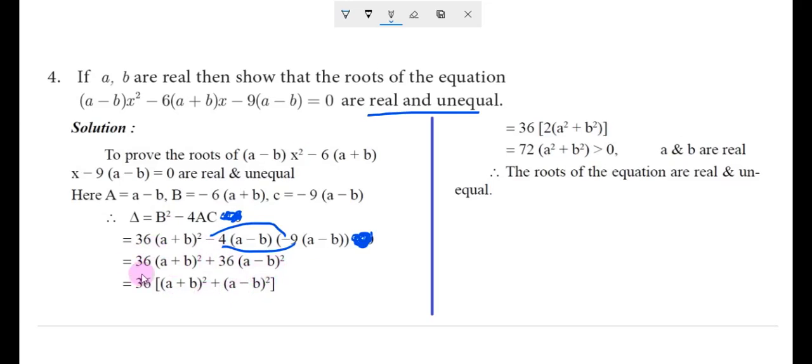Now 36 is common, so take it outside. So 36 into (a plus b the whole square plus a minus b the whole square). We know that a plus b the whole square is a square plus 2ab plus b square, plus a minus b the whole square, which is a square minus 2ab plus b square.